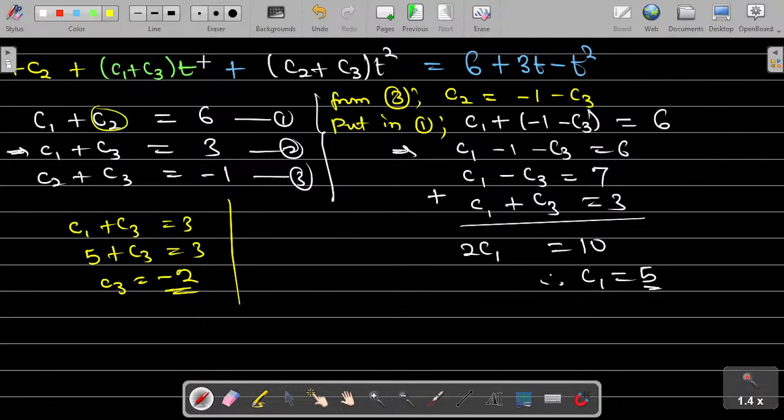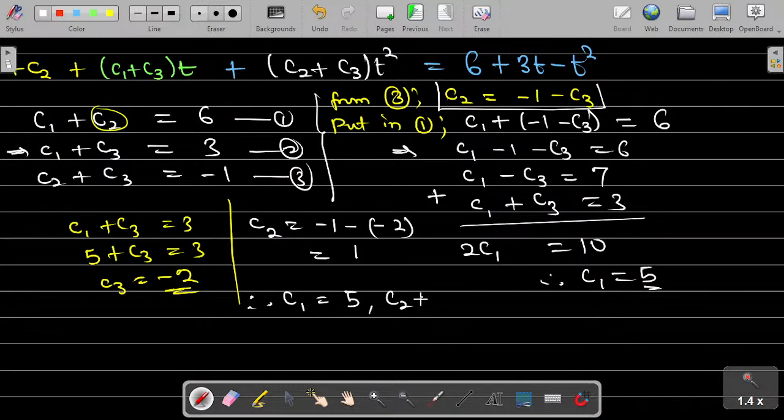Then from here I can get my c2. I already have a relationship between c2 and c3. So my c2 will be equal to minus 1 minus 2, and therefore c2 is equal to 1. So finally, you can bring all together. c1 is 5, c2 is 1, and c3 is minus 2.